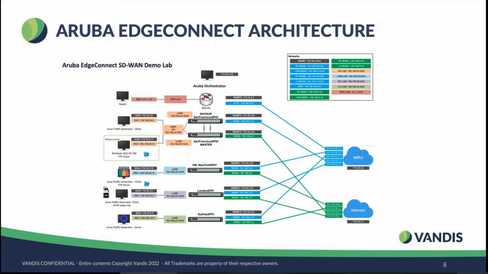The lab architecture we'll be using is identified right here. Obviously, it's a little harder to see, and we'll be diving further into this slide in about 2 minutes and explaining what traffic we're looking to have. We're going to take down the MPLS link live within this lab and show you the failover of the architecture, show that it's going to be hitless.